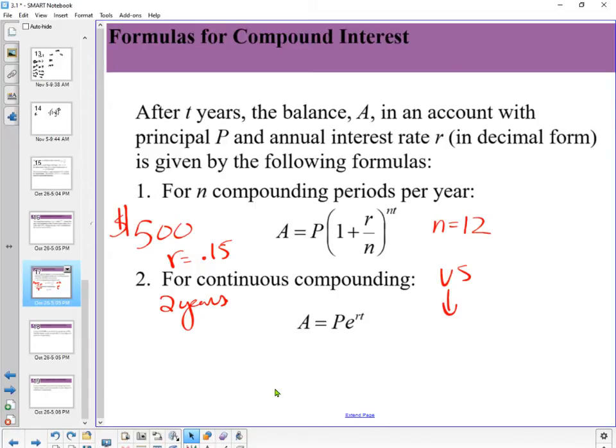T is 2 years. T should always be time in years. Hey guys, great question. e is going to be on the far left. Okay, good. Whenever you do these formulas, t should always be time in years.